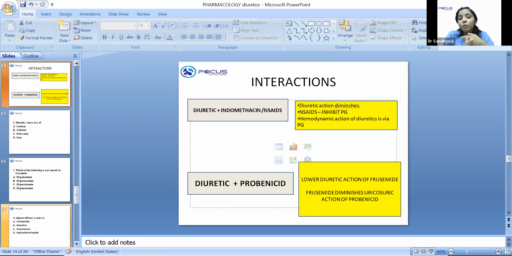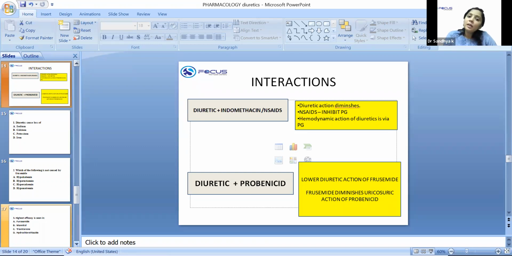Like I told you, one of the differences between furosemide and thiazides: furosemide will cause hypocalcemia, that we know, but thiazides, the medium efficacy ones, will cause hypercalcemia.